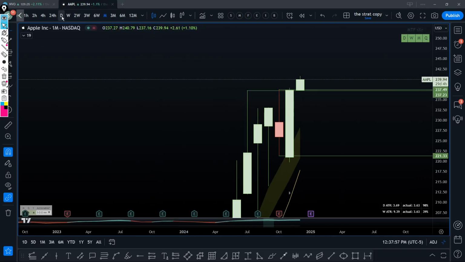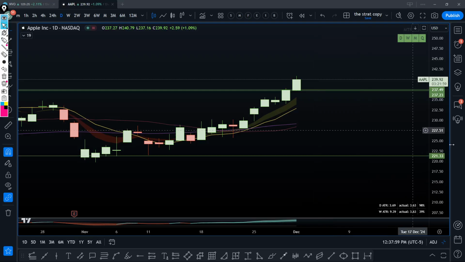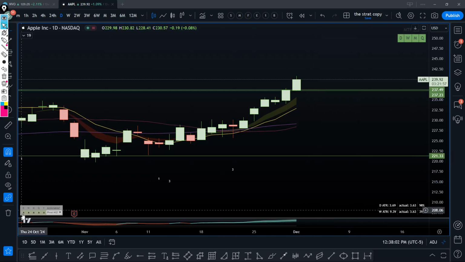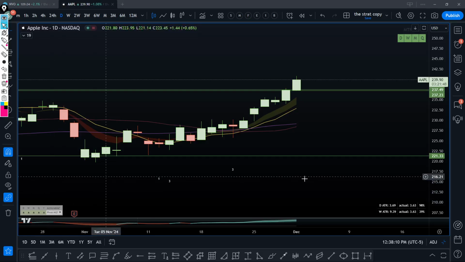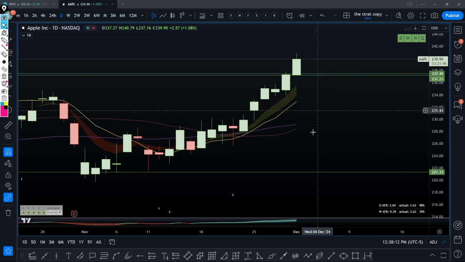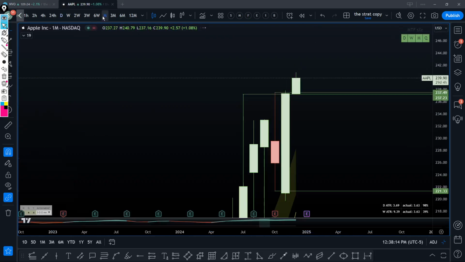And then if we go down to the day, we can also see via time frame continuity, we have green all the way from the day to the year. So I'm really, really bullish on Apple and potentially what Apple can do. Again, looking at this, we see these signals on the month.